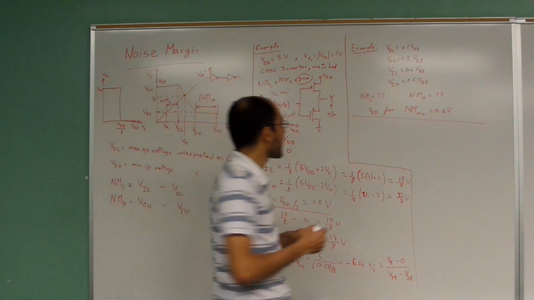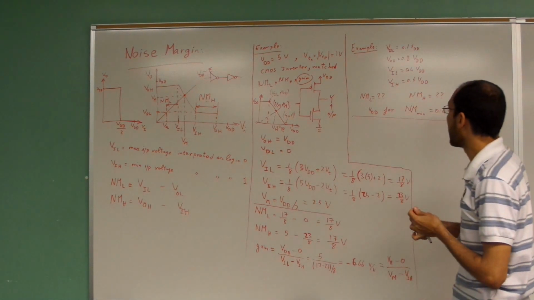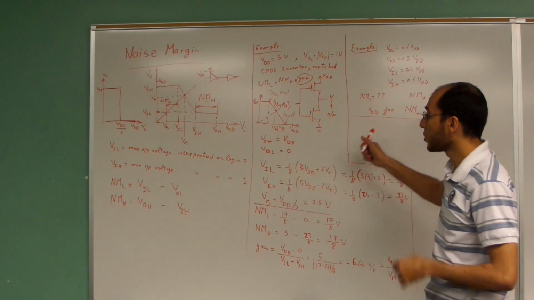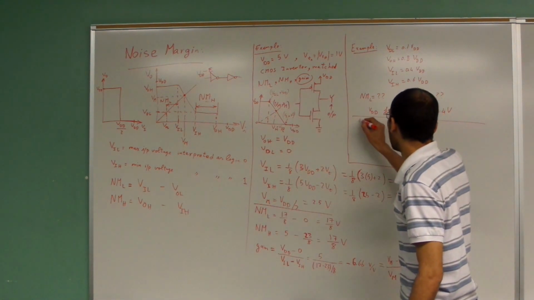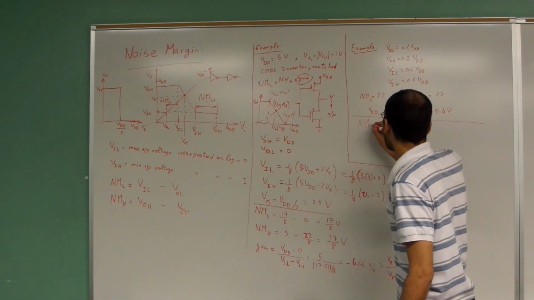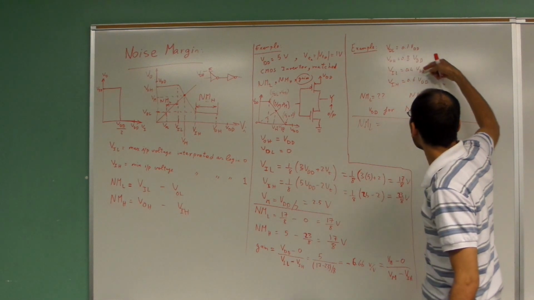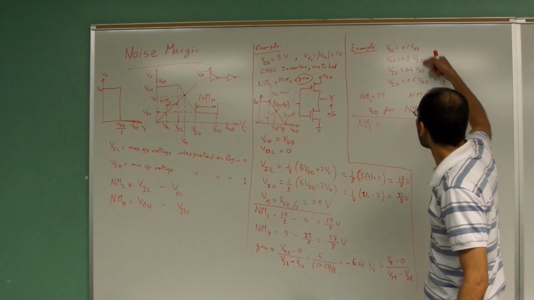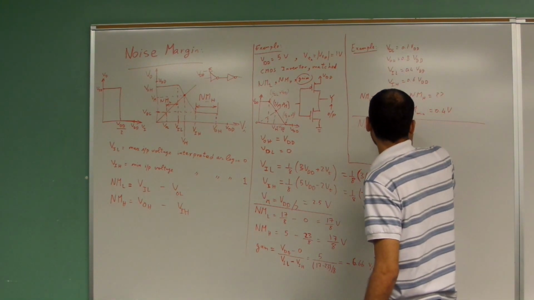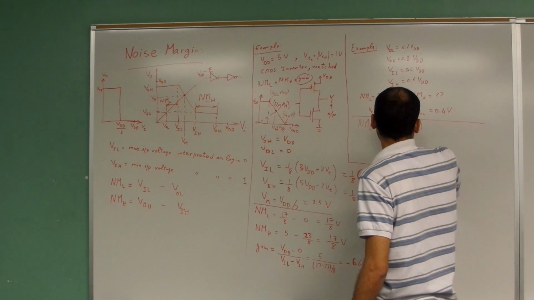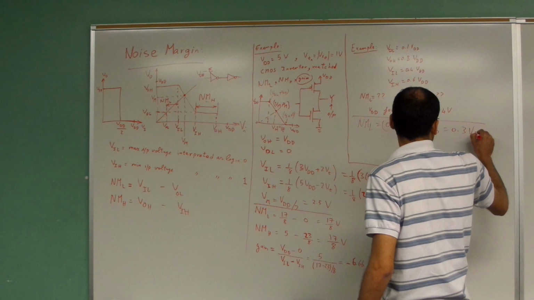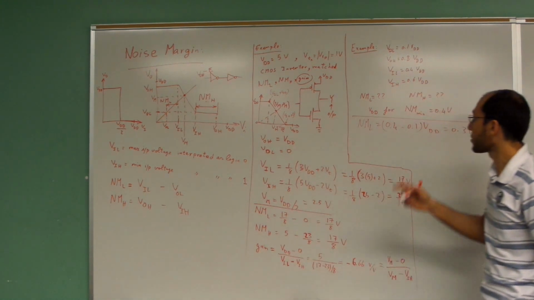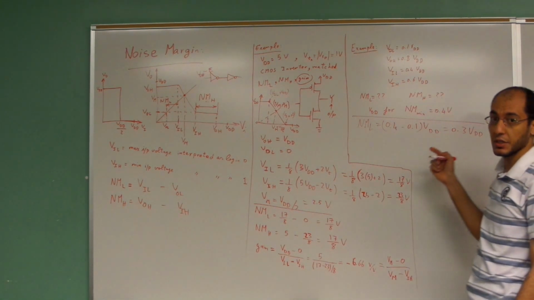So let's calculate the noise margin low. Noise margin low is V input low minus V output low. So 0.4 minus 0.1 VDD, so it's equal to 0.3 VDD. So it's required to be found in terms of VDD.